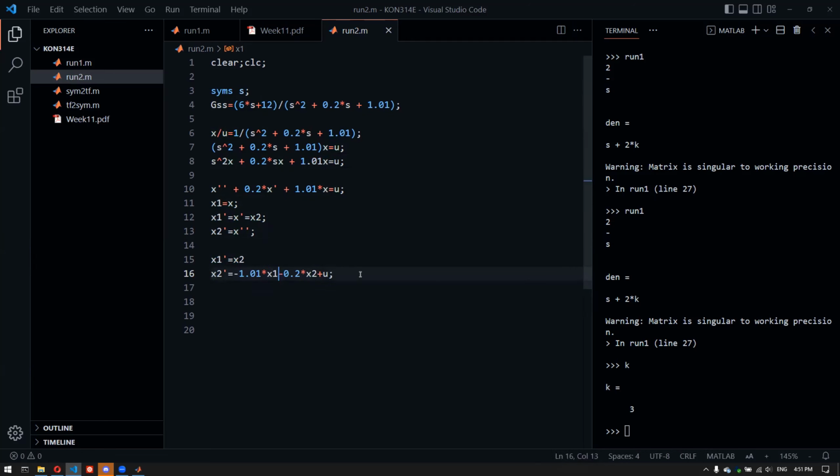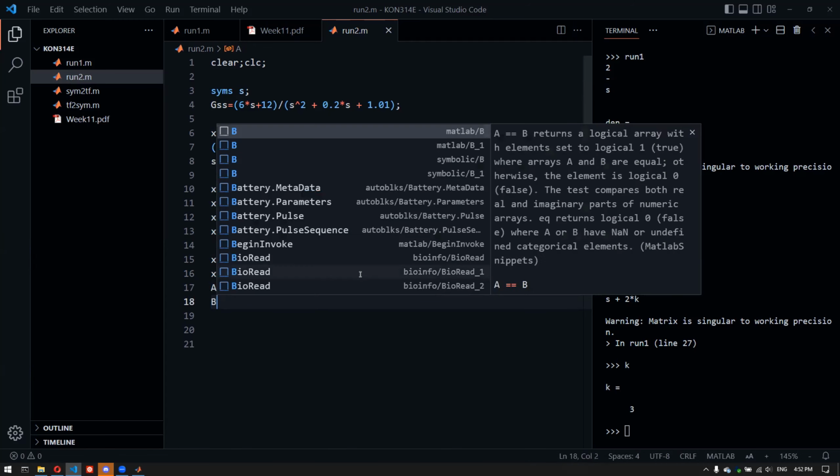And we can actually write down our A matrix now by just looking at these two lines. You can see it is basically 0 times x1 plus 1 times x2 plus 0 times u. Therefore, I can say 0, 1, and the next line is minus 1.01, and then minus 0.2.